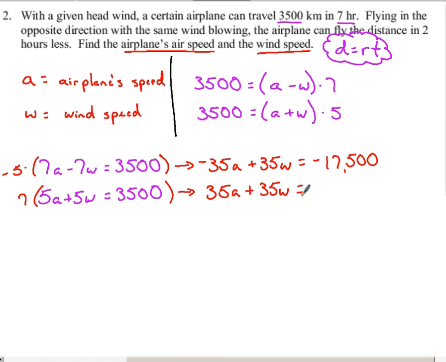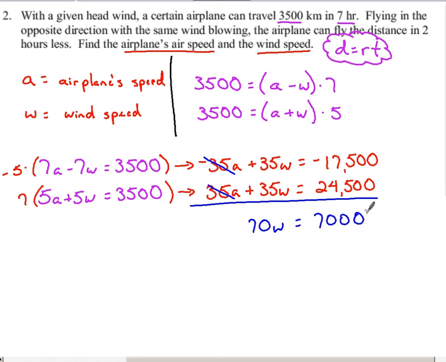That'd be 24,500. Stacked up, ready to go. The a's cancel out. You're left with 70w equal to 7,000. Divide by 70, and w, which represents that wind speed, is going to be 100.